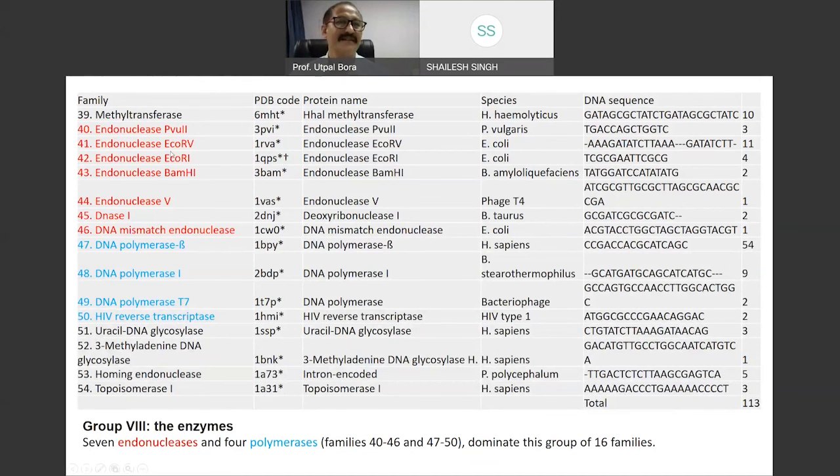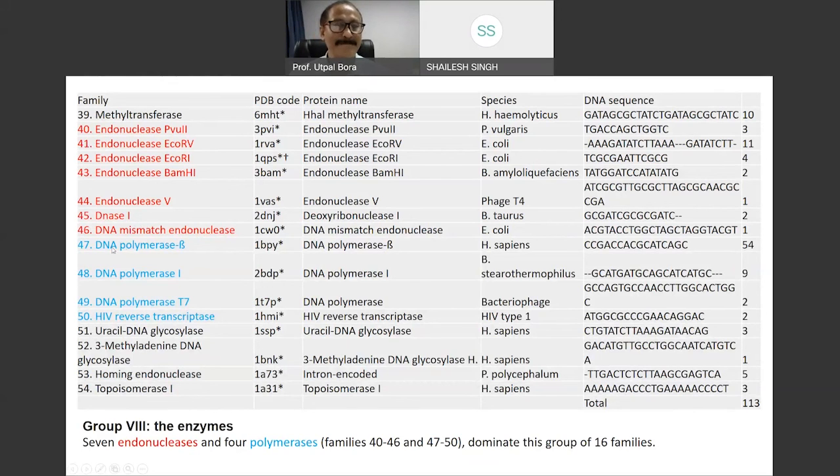So this is the 16-member family of the enzymes, ranging from 39 to 54. You can see the dominating members are the endonucleases, 40, 41, 42, 43, 44, 45, 46. You can see endonuclease PvuII, and so on, DNase I, DNA mismatch endonuclease. These are, I think, 7 members, right? Endonucleases are 7.